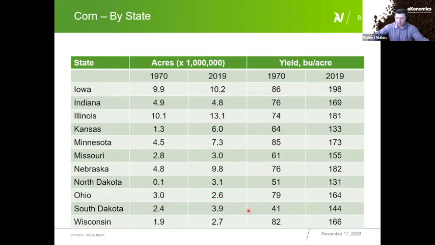South Dakota's increased. Wisconsin's increased. So we've seen this increase in acres in a lot of these states. And what's really impressive as well is when you look at the yields for some of these areas. You think about North Dakota and South Dakota specifically, you think about the relative maturity rating of the corn hybrids that they're planting out in that Western environment. And it's pretty impressive what we can do with a 90-day corn hybrid with regard to achievable yield.